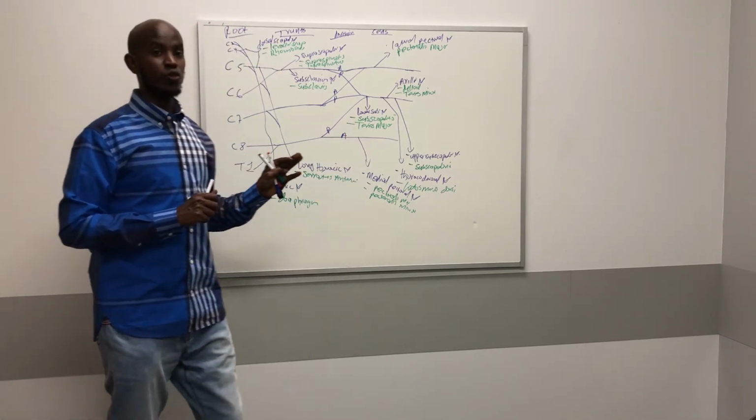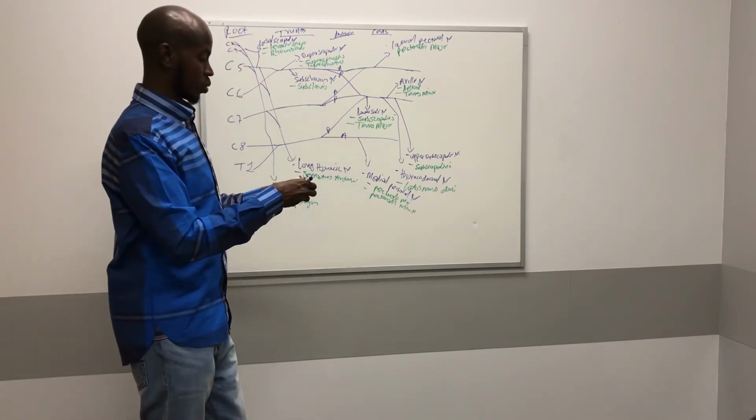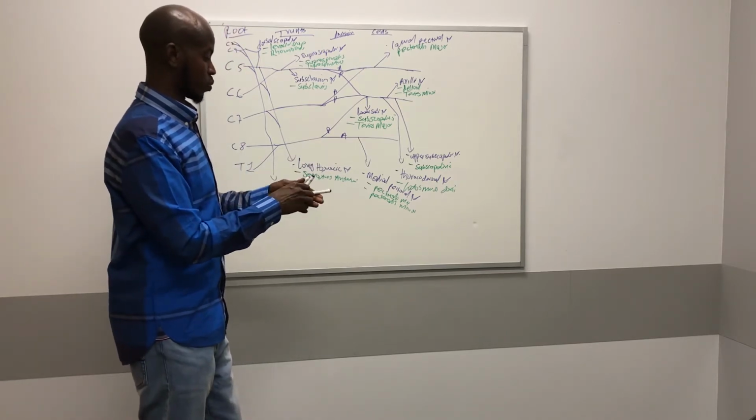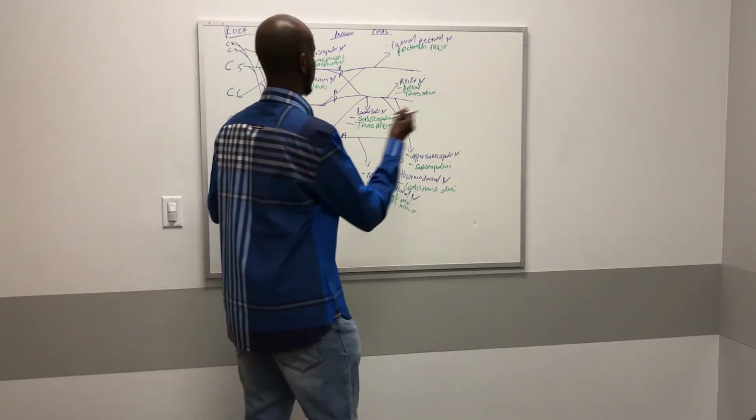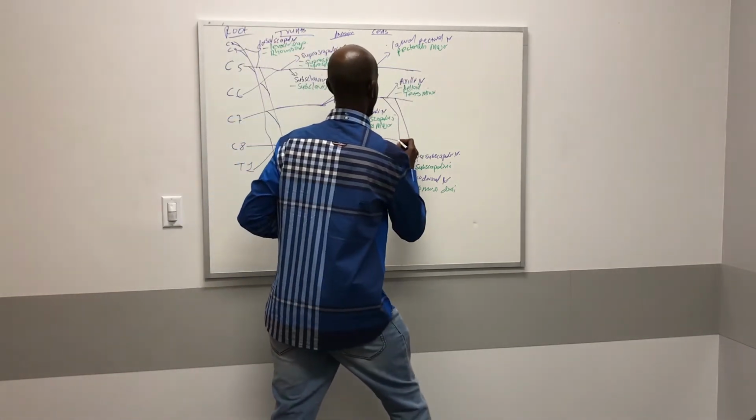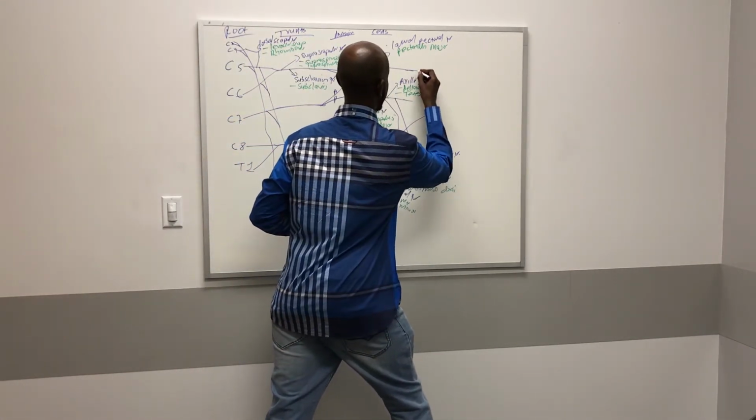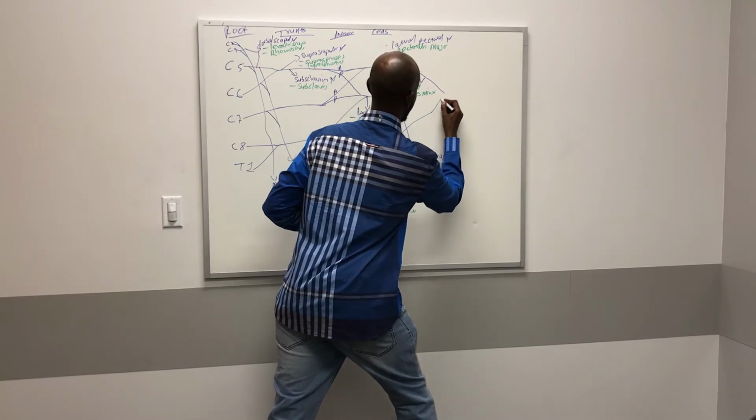Now we're moving to the long branches. So how are the long branches formed before we move on? There is the medial part of the median nerve right here.